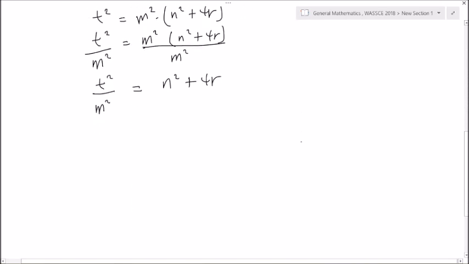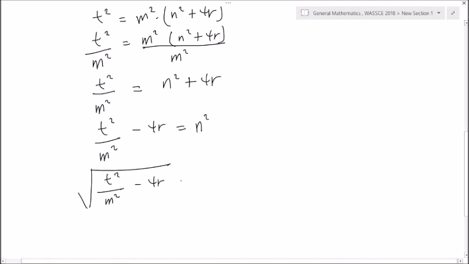So we make n squared the subject. That should make sure n squared stands at one side of the equation. So we have t squared over m squared minus 4r is equal to n squared. Now we want to make n the subject. We are finding n. So we take the square root of both sides. So this will give us root of t squared over m squared minus 4r, which is equal to root of n squared.